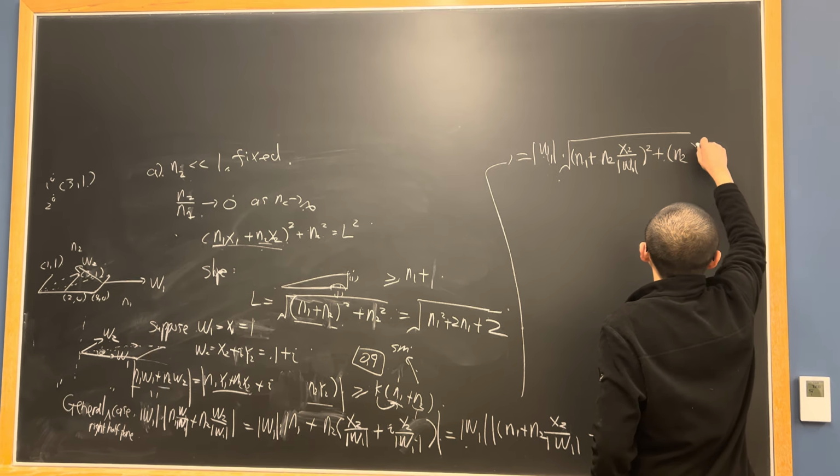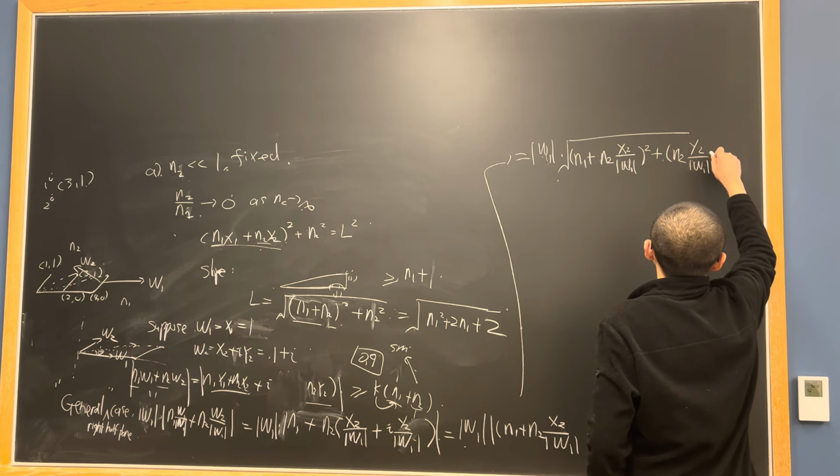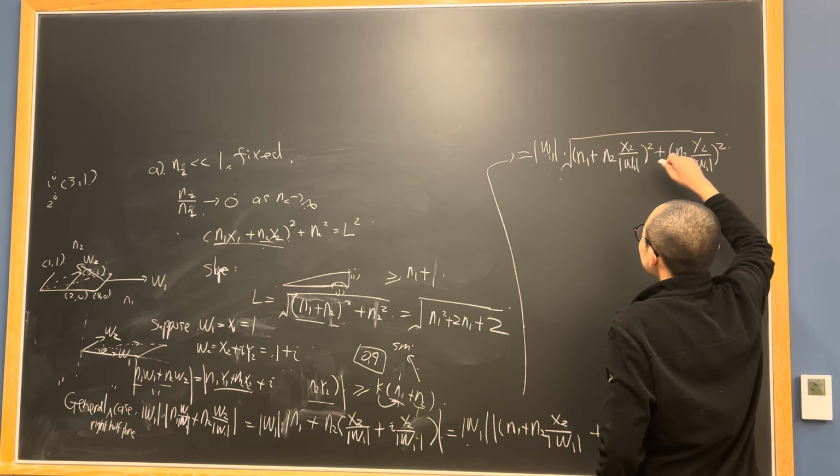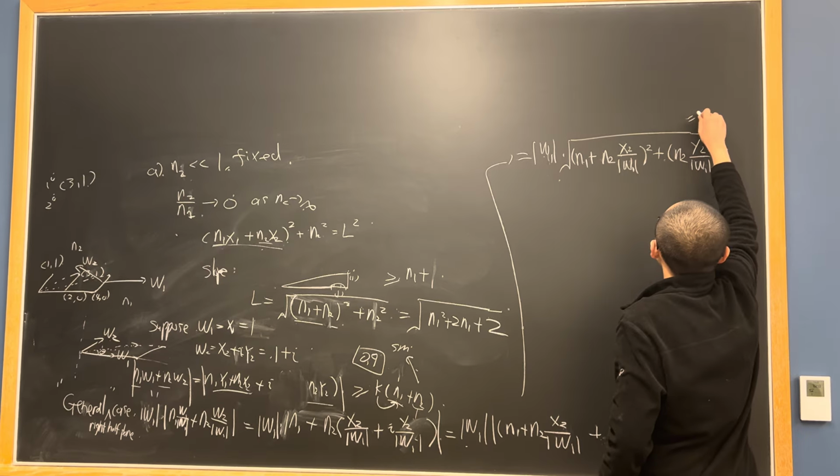N2 times y2 over omega 1 squared. Okay, so this should be our L.